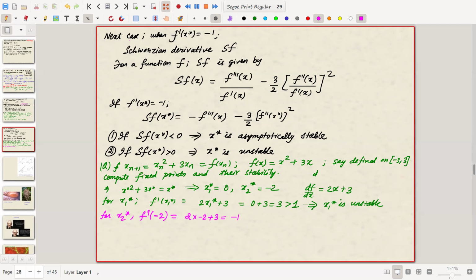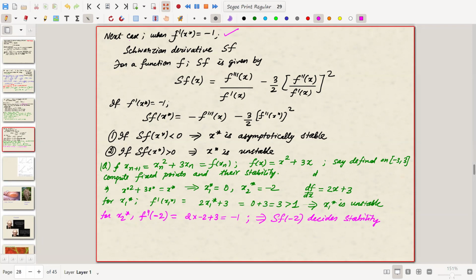So you have to apply this case. So the Schwarzian derivative we have to evaluate. Can you evaluate that quantity for me? So you have to find SF of minus 2. SF of minus 2 decides the stability.